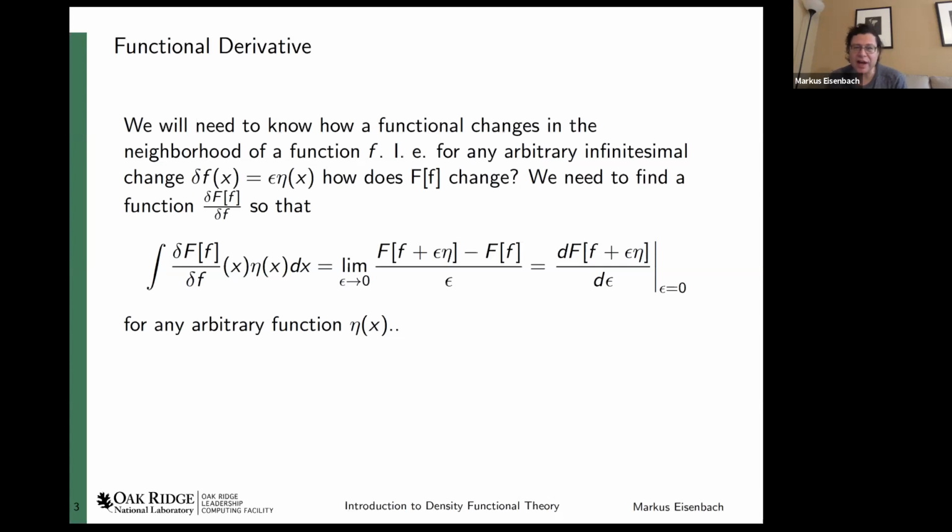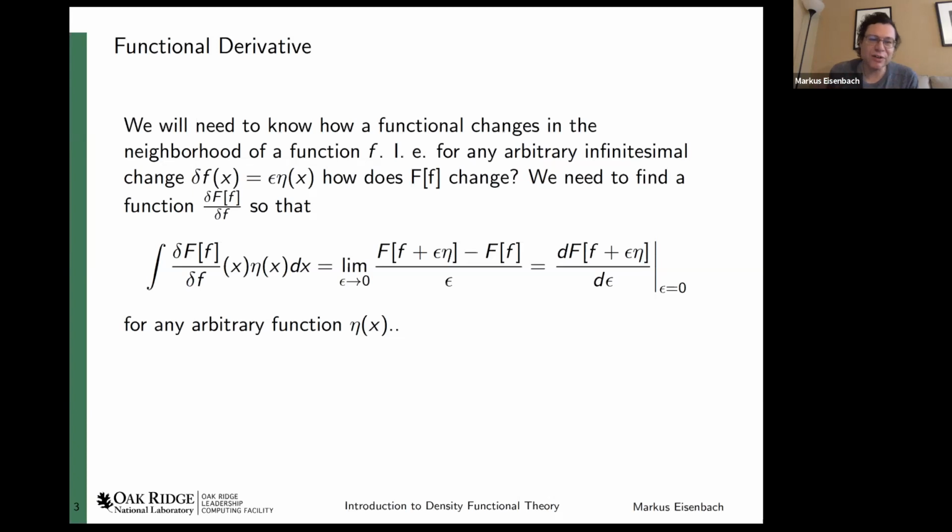That means for any arbitrary infinitesimal change of a function f, which we write with a lowercase delta f, which is defined as an infinitesimal number epsilon times an arbitrarily chosen function eta, how does this functional of f change?